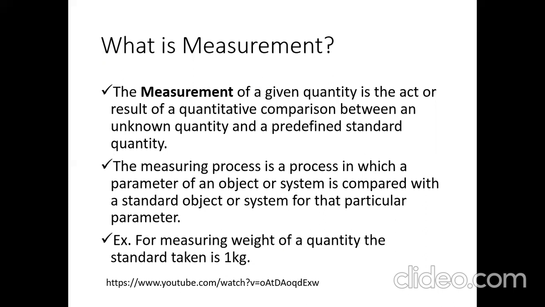Again, the measuring process is a process in which a parameter of an object or a system is compared with a standard object or system for that particular parameter. For example, for measuring the weight of a quantity, the standard taken is 1 kg. Suppose 1 kilogram is a standard quantity.